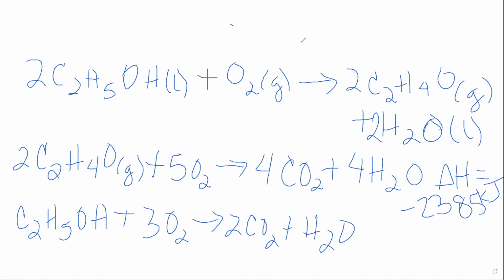How many H2Os? 3 H2Os. Okay. And that reaction, the delta H is negative 1367 kilojoules. Okay, negative 1367 kilojoules.